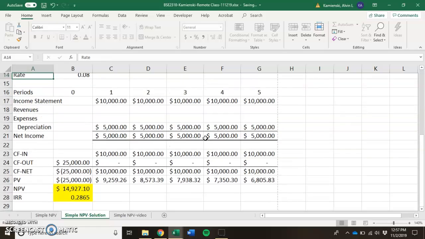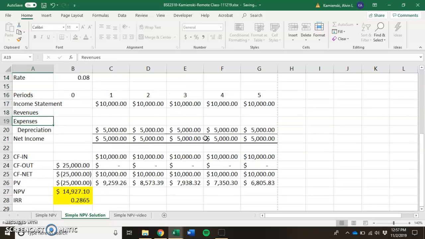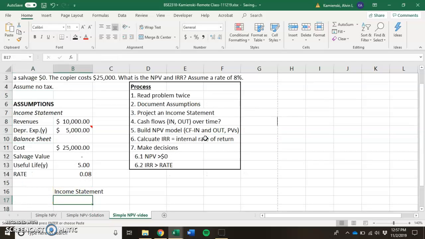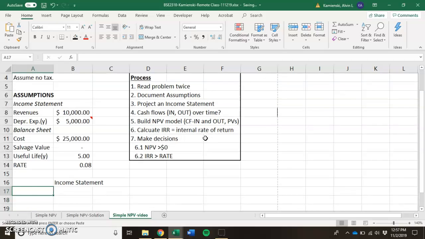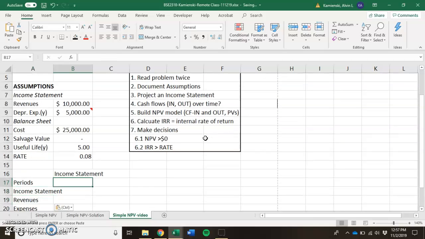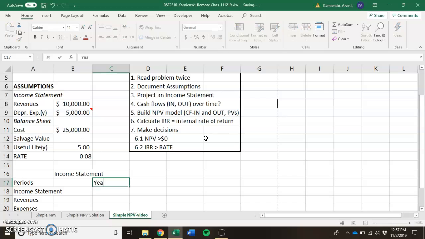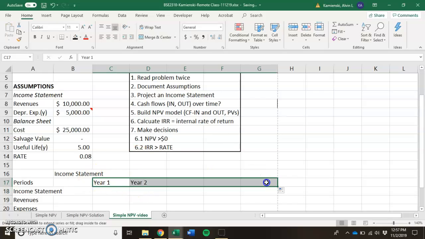As you saw in the solution, we only really have a few items to deal with. So I'm going to copy and paste from the solution over here the income statement items that are relevant to us. So we will have year 1 through year 5.